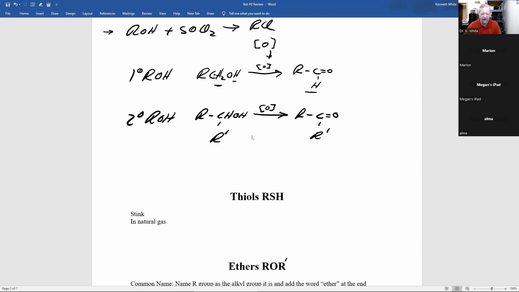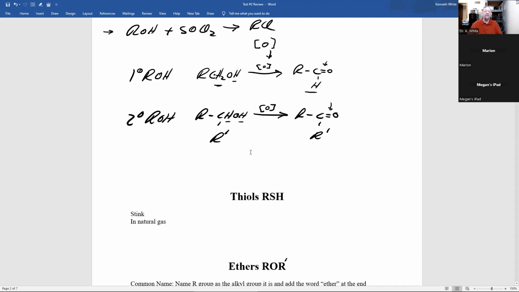If you take a secondary alcohol, two R groups, remember R and R prime are just like X and Y in math, just a molecule with carbons and hydrogens, and you oxidize it, you'll do the same thing, lose a hydrogen here, a hydrogen there, form a carbon-oxygen double bond, just like you did up above, and you'll make a ketone.